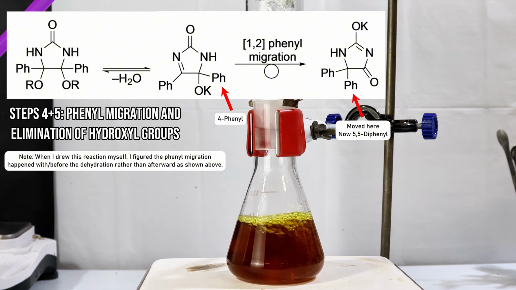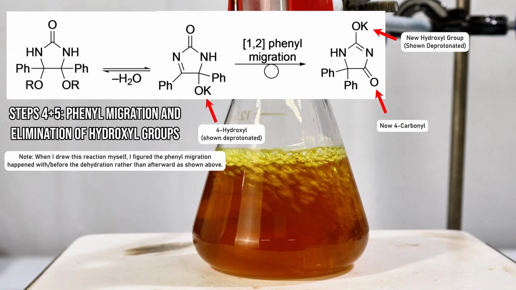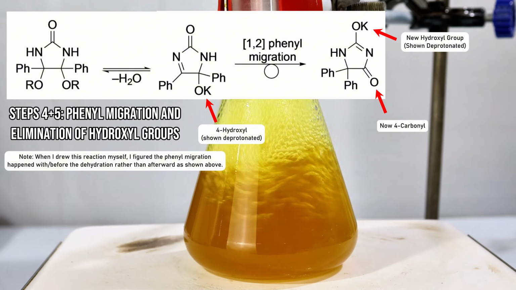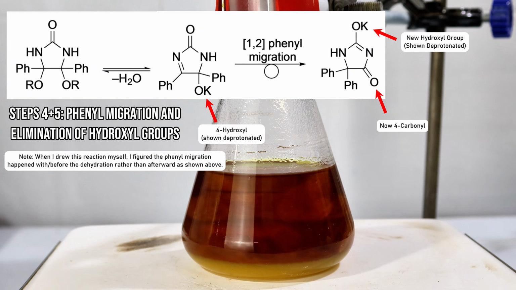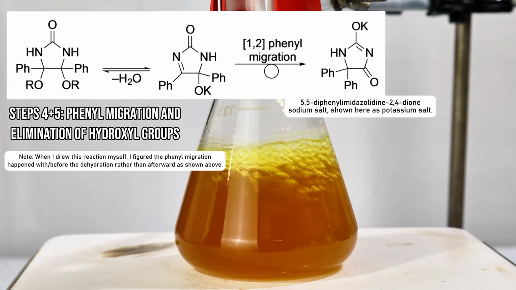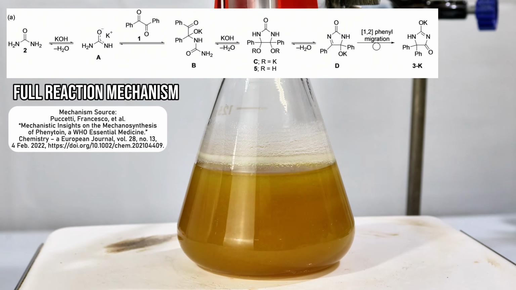A final electron transfer converts the 4-hydroxyl group to a carbonyl group, leaving a negative charge on the adjacent nitrogen. The result is the sodium salt of 5,5-diphenyl-2,4-imidazolidinedione, which is phenytoin. If you take a look back at the reaction, you'll notice that as the reaction proceeded, the dark color lightened up significantly.